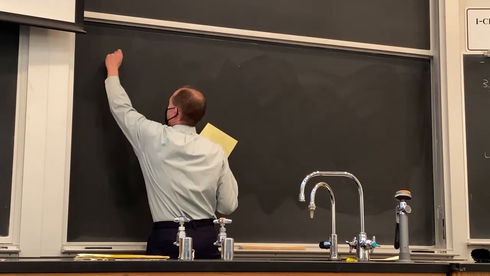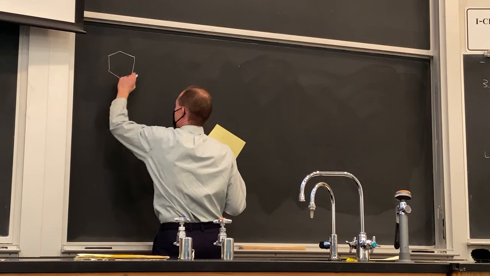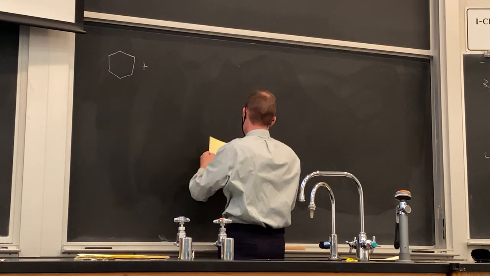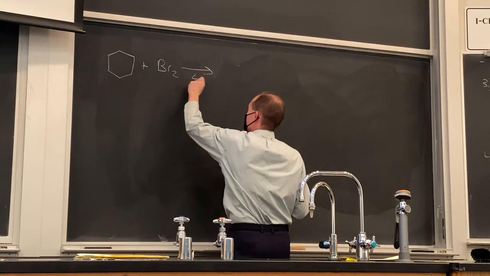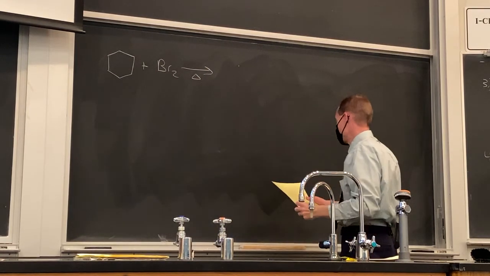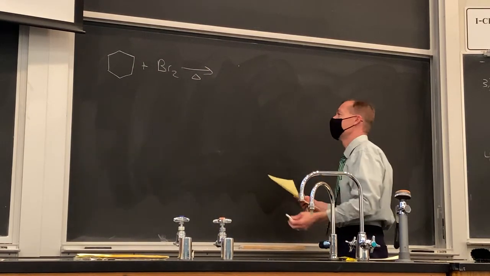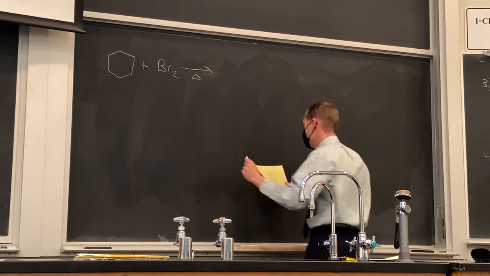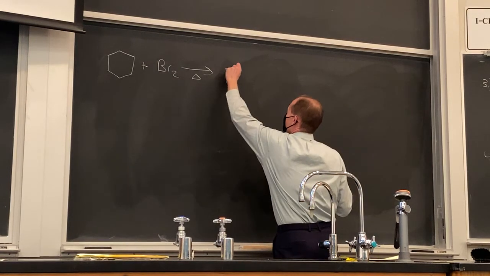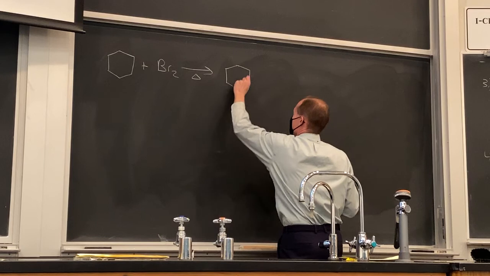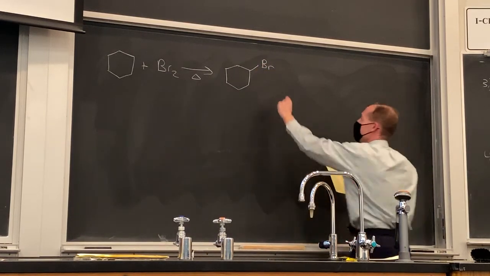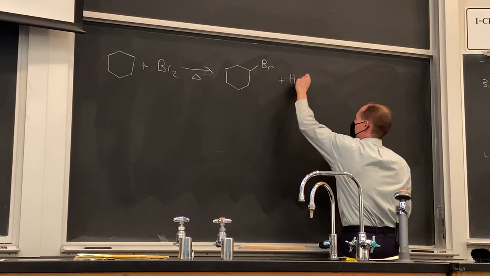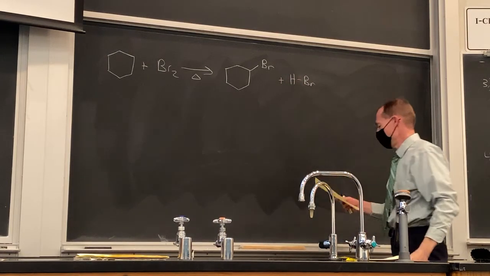So a couple examples. We could take cyclohexane. We could react cyclohexane with bromine. We can heat up the reaction mixture. We've got to heat it up pretty hot, usually pretty close to 200 degrees Celsius. And we would generate bromocyclohexane. And then we would form HBr.